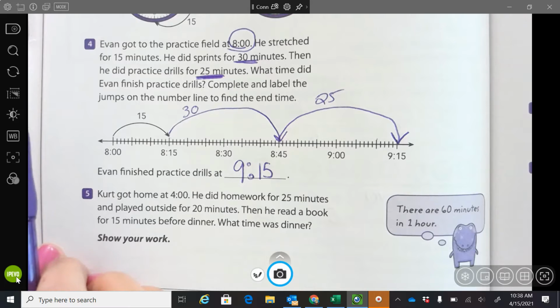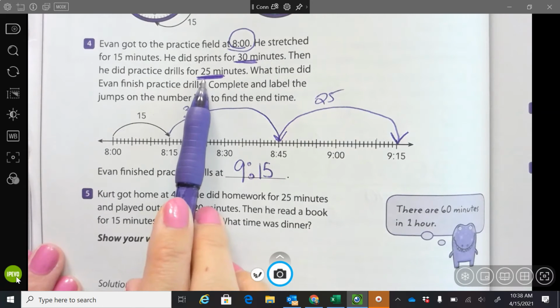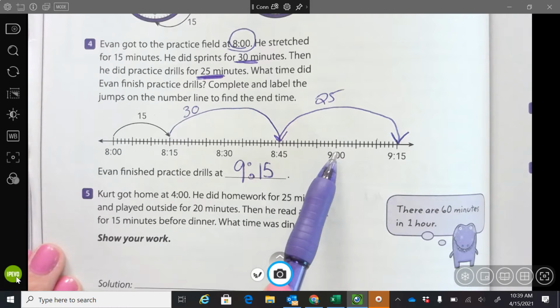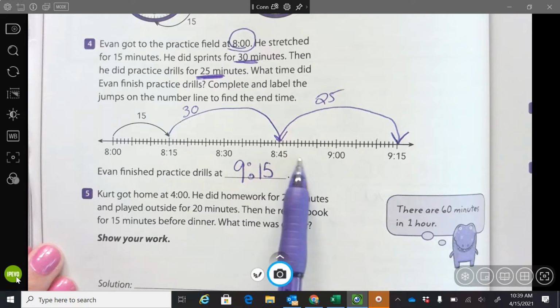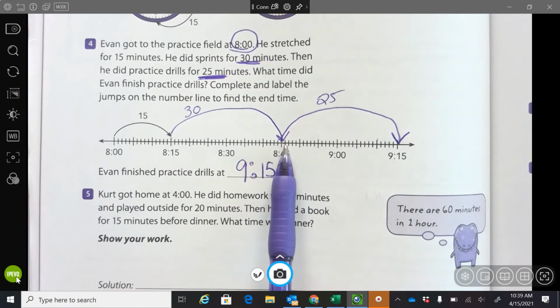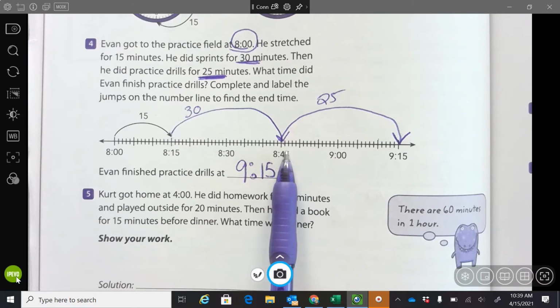Noah? I'm confused how it's 9:15 because every 60 minutes it's an hour. So if you add a 5 out of 25, you get 8:50. Then take a 10, that's 9. Then you add the other 10, you get 9:10. Okay, well let's double check it because I didn't hear anything from anybody. So 45 to 50, that's 5 minutes. 45 to 50, 55 to 60, that's 10 minutes.